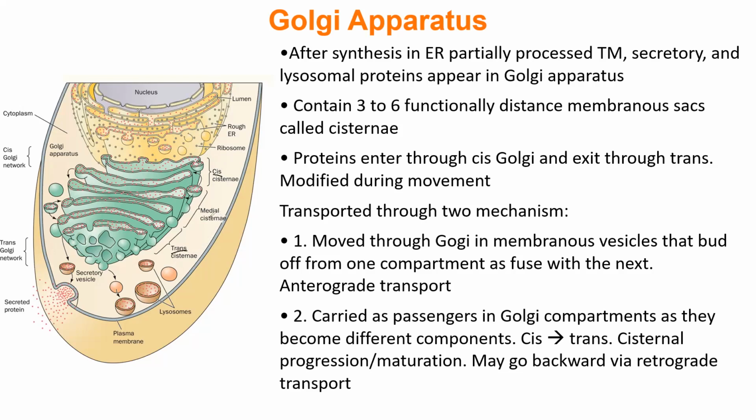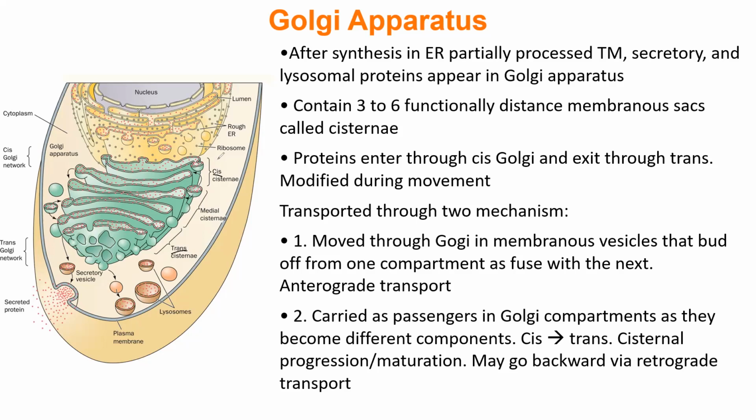And during this movement through the Golgi is when we can do our different types of modifications. So we can start adding sugars, and any type of amino acid modifications that need to be done to the protein can also be done in the Golgi. And what's really interesting about the Golgi is that there are different ways to move through it.